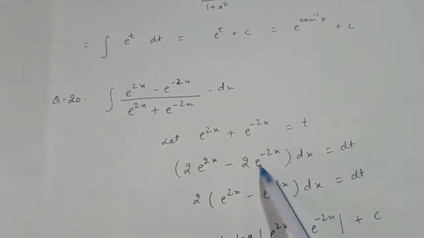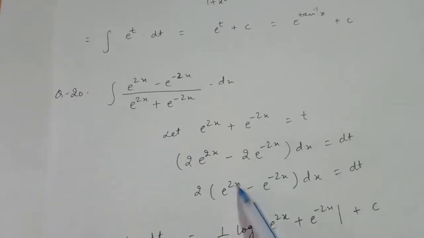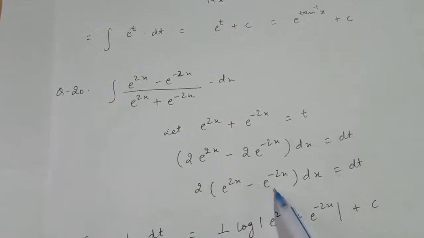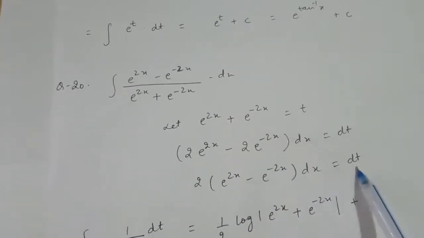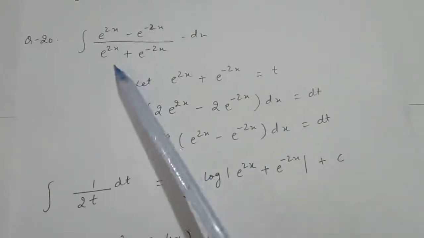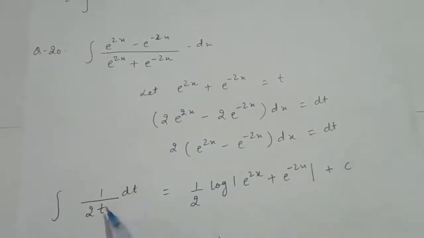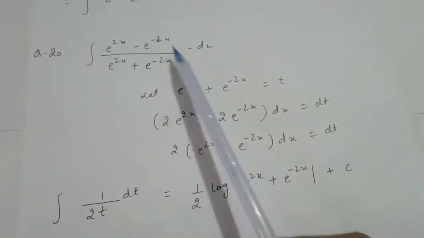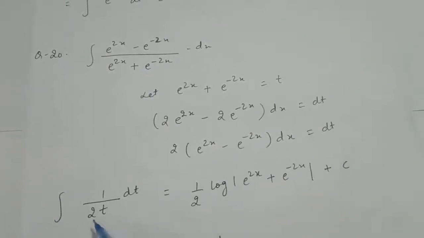Now from both of these terms take out 2 common, then you will get e raised to the power 2x minus e raised to the power minus 2x into dx equal to dt. The integral becomes, in place of e raised to the power 2x plus e raised to the power minus 2x, t will come, and in place of numerator into dx, dt by 2 will come, so dt upon 2.